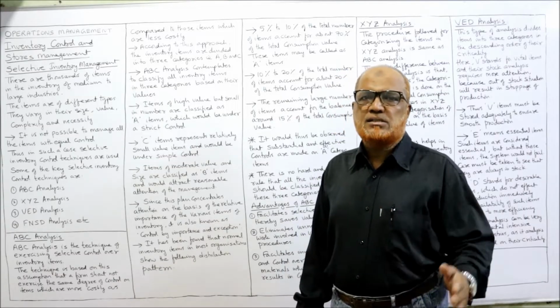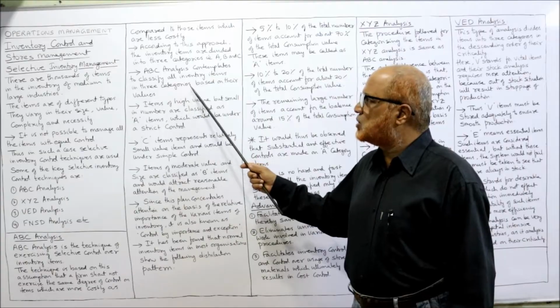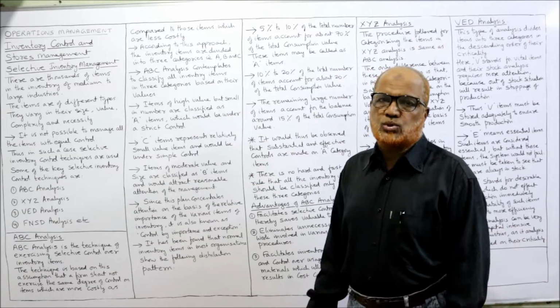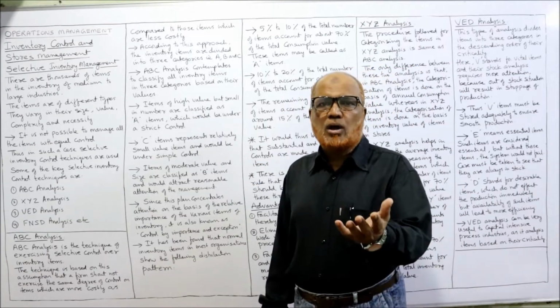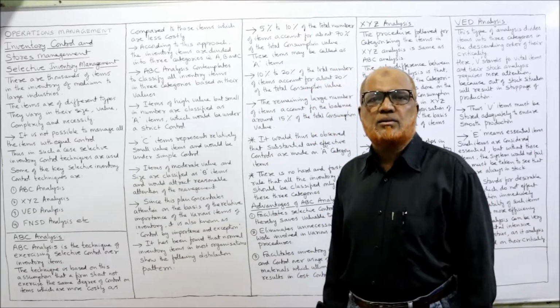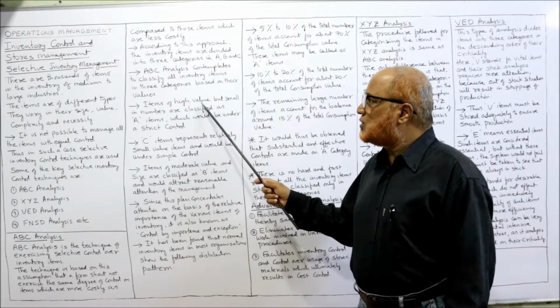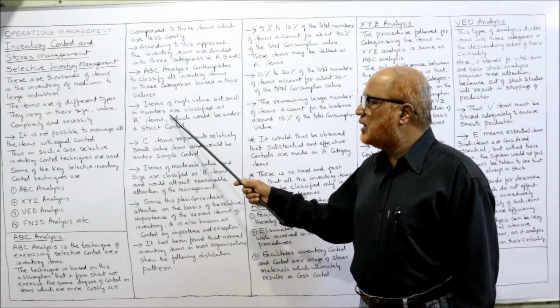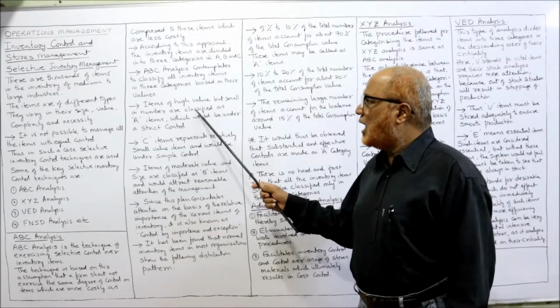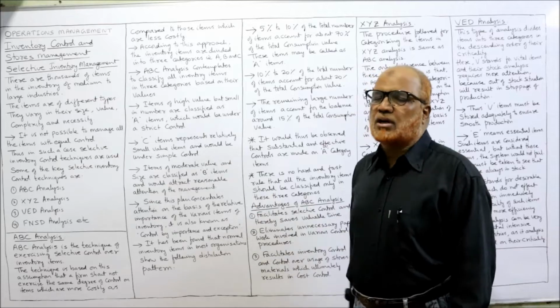A, B, C. ABC analysis classifies all items into three categories based on their values. According to the cost, according to the value, we categorize all the items into A, B, and C. First, items of high value but small in number are classified as A items, which would be under strict control.